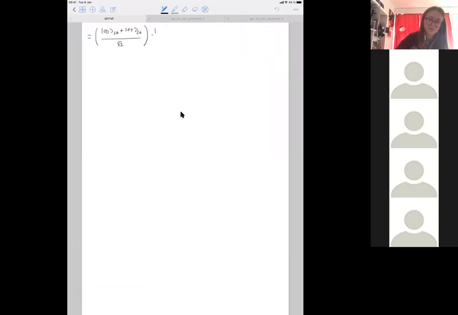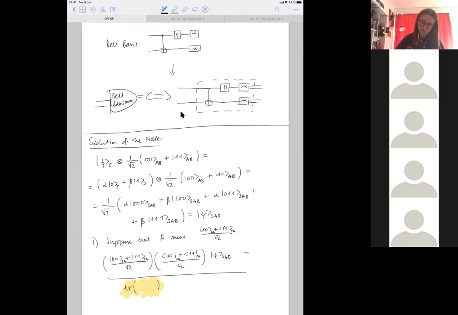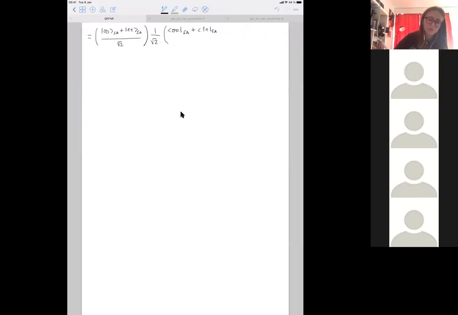I'll take 1 over square root of 2 out of psi and also out of here, so I'll end up with 2. But again, I don't care about factors here so much. It's more about the bras and kets. The factors we can normalize in the end. And here, I'm going to write this.